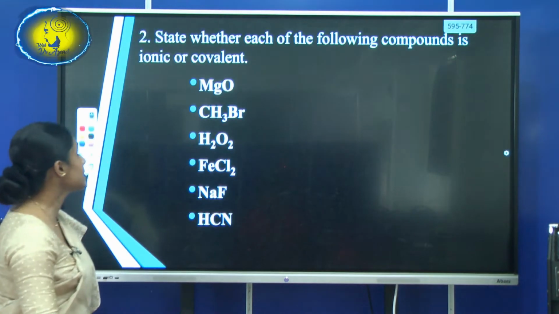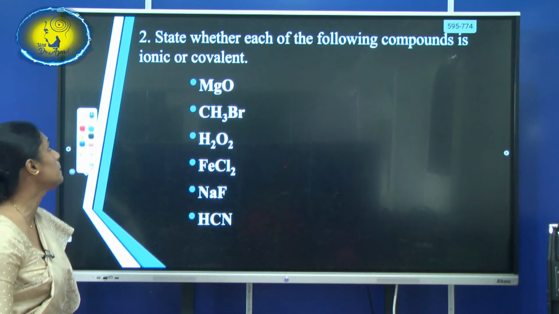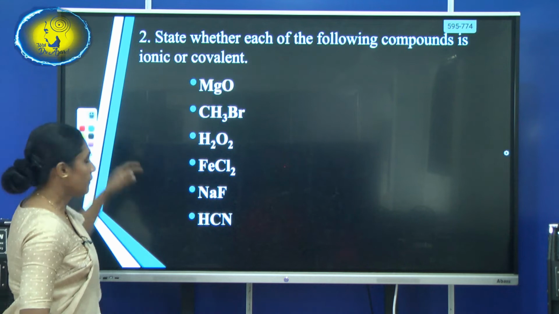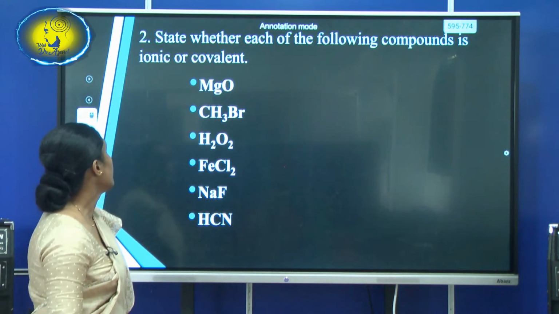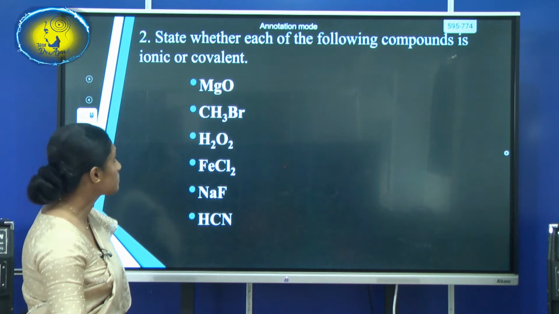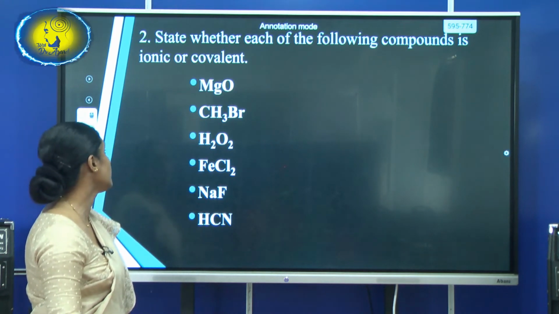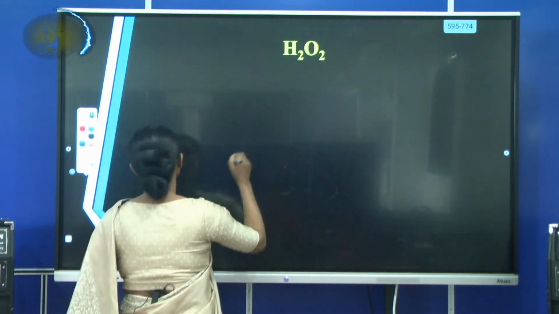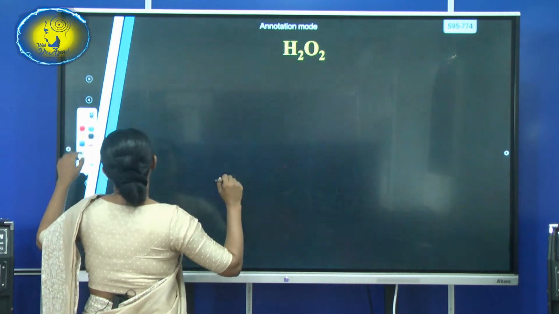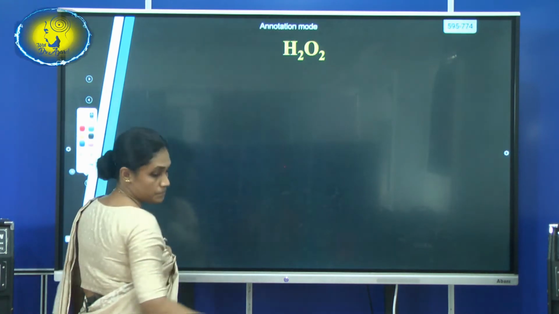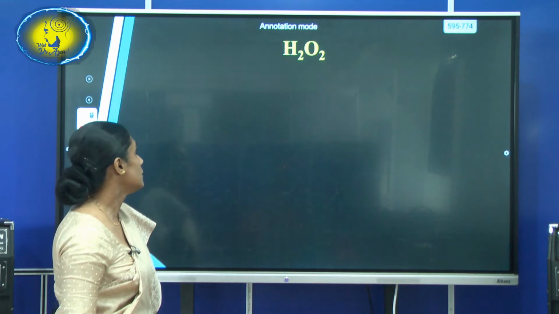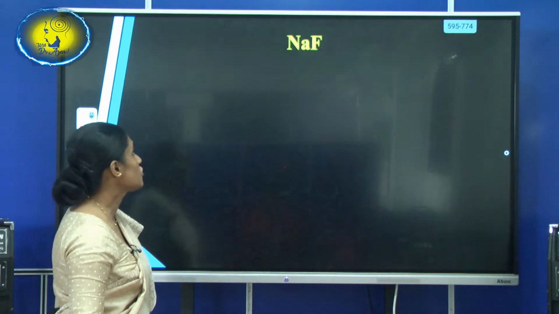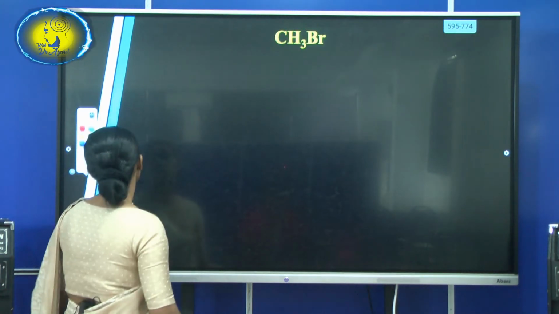Then your next question: state whether each of the following compounds is ionic or covalent. Right? I would like to recall your memory of ionic bonds and covalent bonds. Right? Let me draw this one. CH3Br. Okay, let's draw.